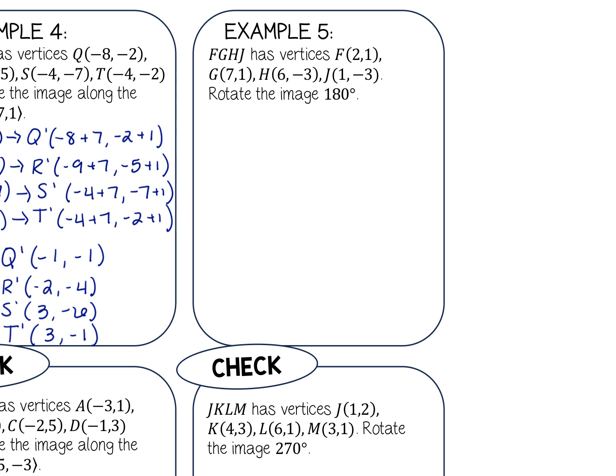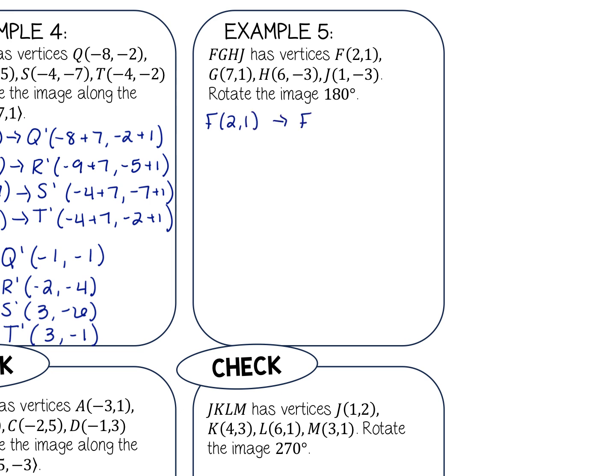All right. Example 5 says the quadrilateral FGHJ has the following vertices. Rotate the image 180 degrees. Notice it does not tell you a direction because remember, 180 is the one where the direction doesn't matter, because both ways you choose to turn will still end up in the same spot. So F is 2, 1.